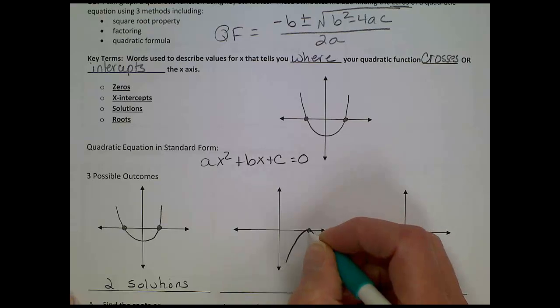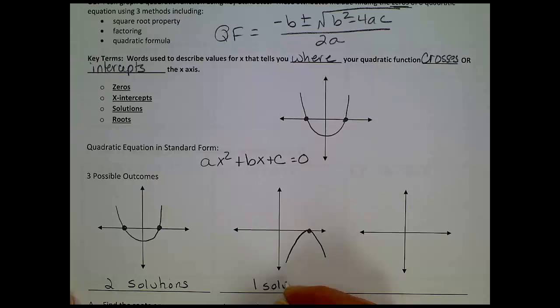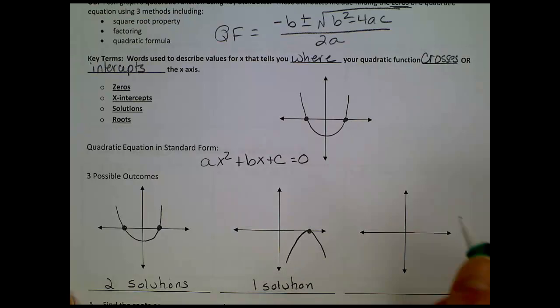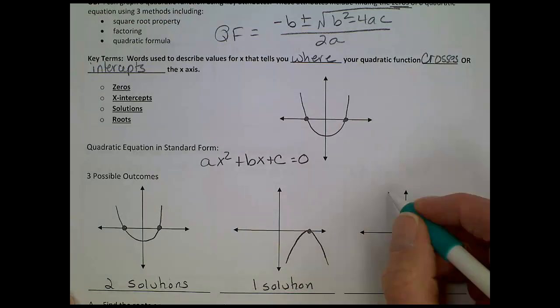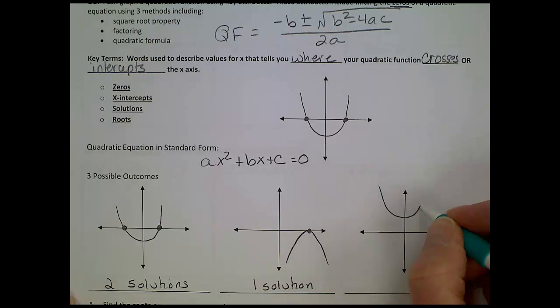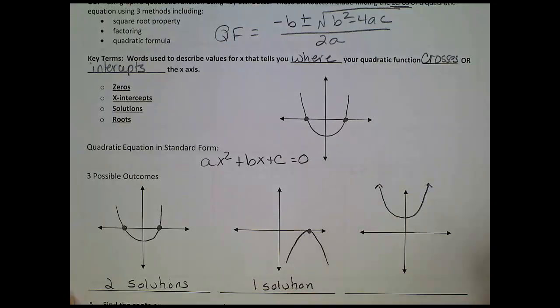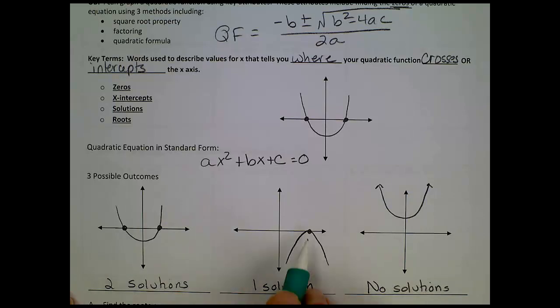In this instance, you have only one solution. Or you may not even touch the x-axis at all. And in this instance, you have no solutions. Okay, so sometimes it'll help us graph, sometimes not so helpful, and we'll have to look at other information.